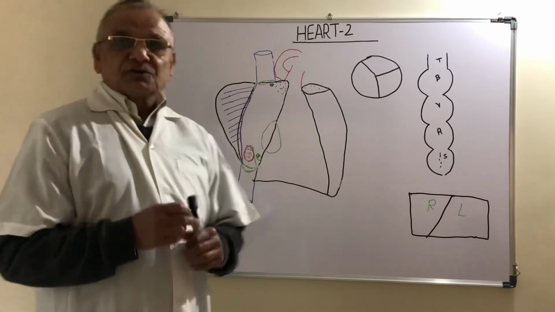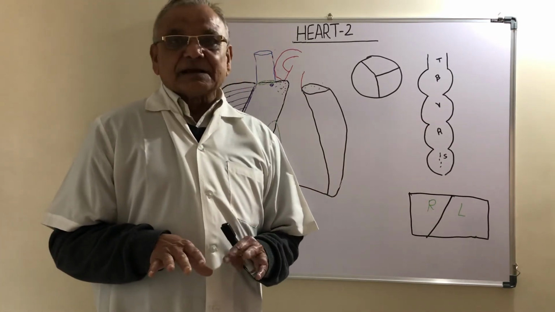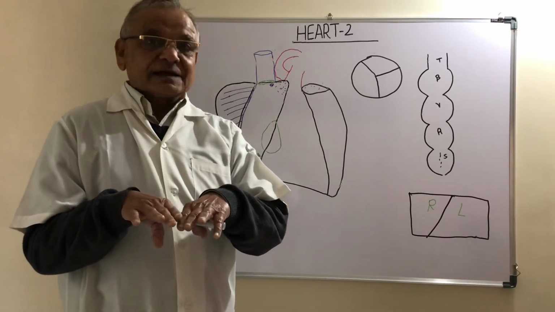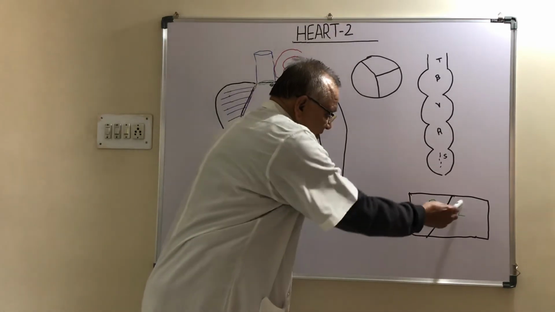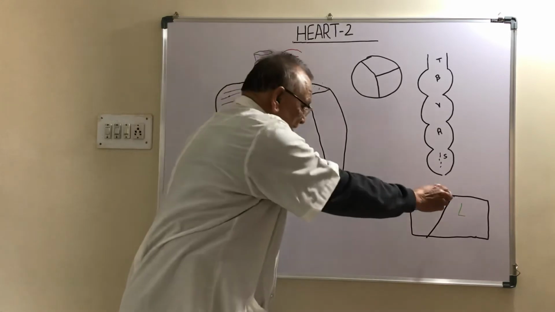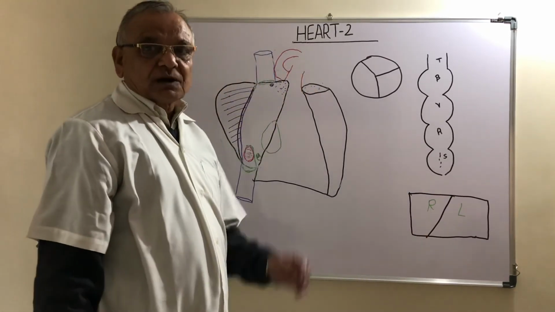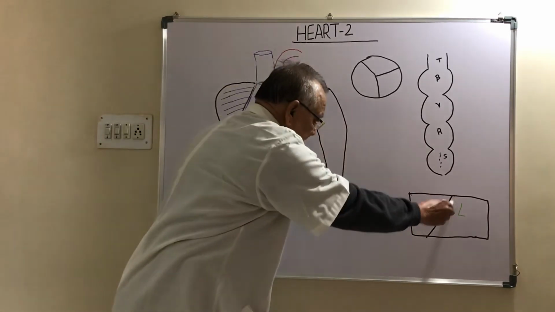See here, we normally think that the right atrium and left atrium lie parallel to one another. Actually it is not like this. This is the right atrium, this is the left atrium. In between the two atria there is a wall, and this wall is called the interatrial septum.